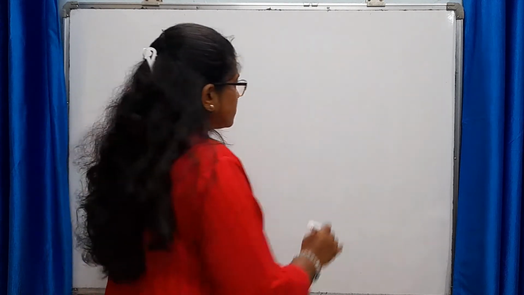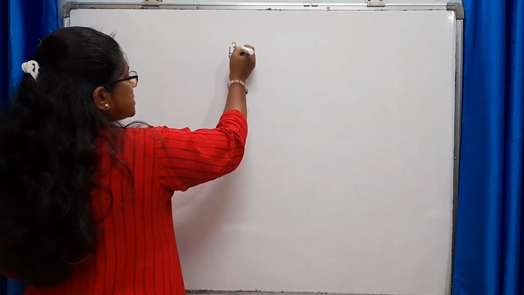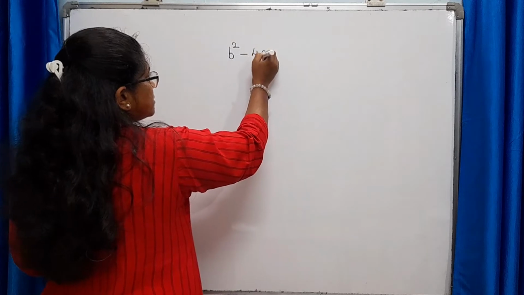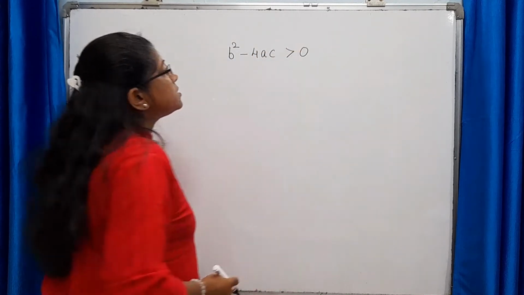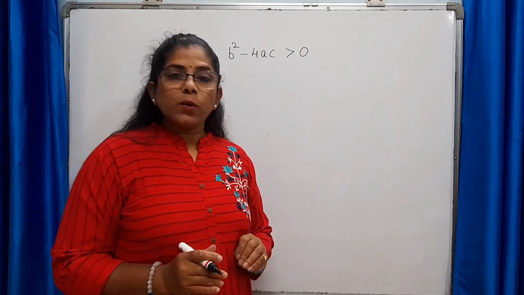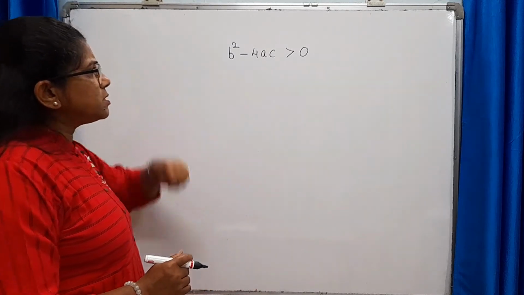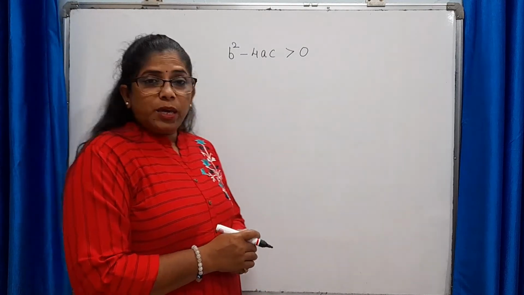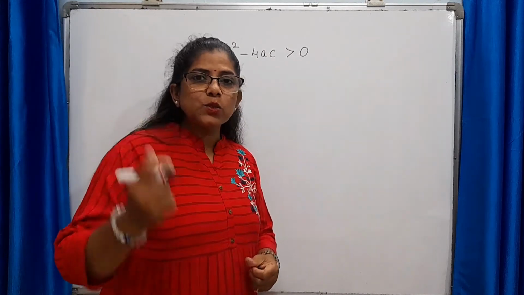Now here the first thing: if this b square minus 4ac has a value greater than 0, then the roots are real. Now when we say the value is greater than 0, it can be any number starting from 1, 2, 3, 4, 5, 6, 7, 8, 9, 10 and so on.